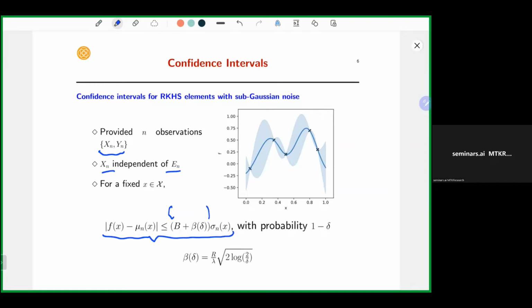This confidence interval width multiplier is the summation of the upper bound on the RKHS norm of f, the first term, and a beta delta term, which is given here at the bottom of the page. From this figure, we can see this solid blue line is the prediction provided by the surrogate GP model, and plus or minus a factor of a standard deviation basically determines our confidence interval at each point.